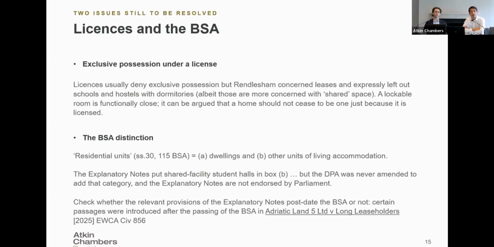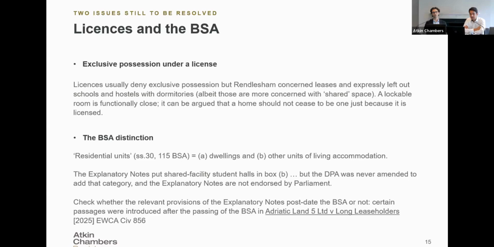Now, Parliament recognised that residential units could comprise, on the one hand, dwellings, on the other hand, units of living accommodation. Now, something has to be a unit of living accommodation. You've got to give colour to that meaning. And what Parliament seems to have been suggesting is that there are places where you can live that don't constitute dwellings.